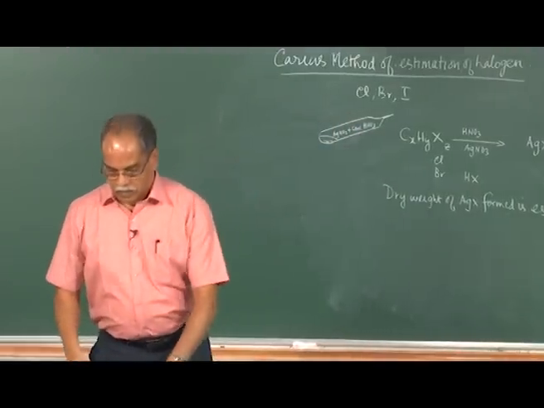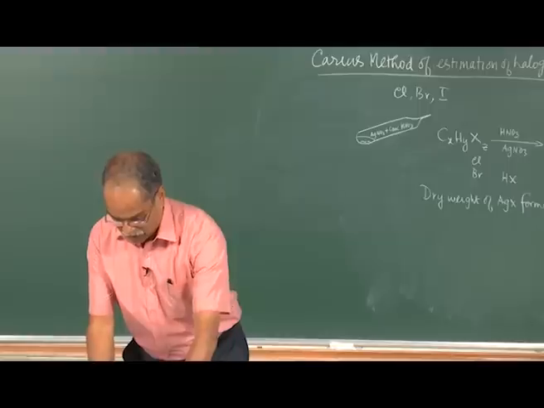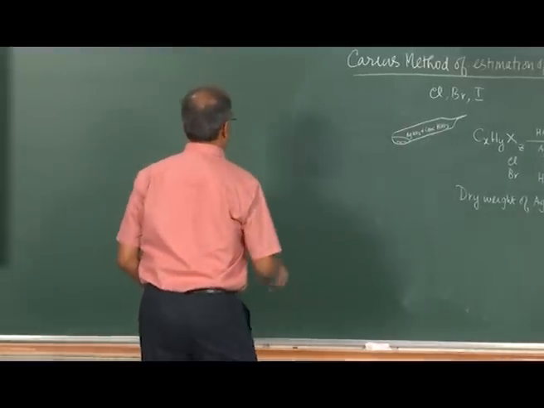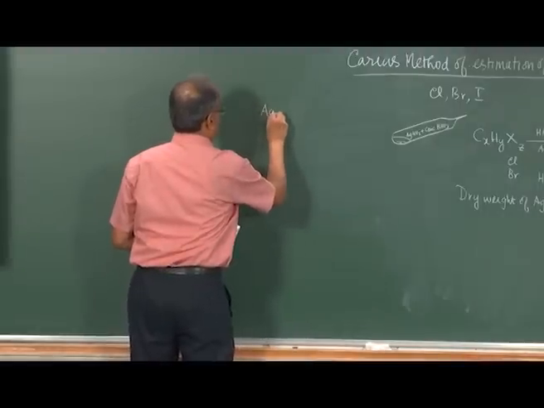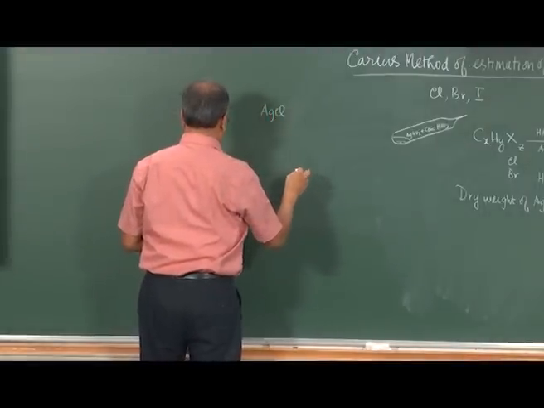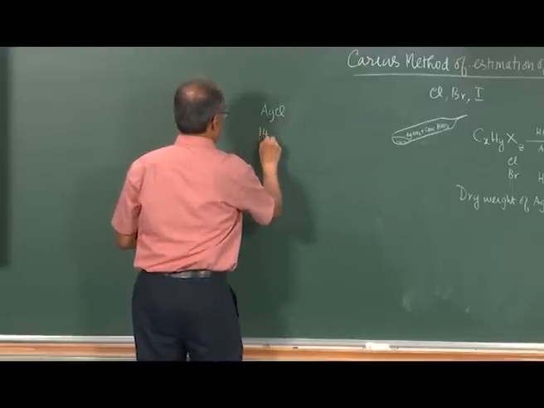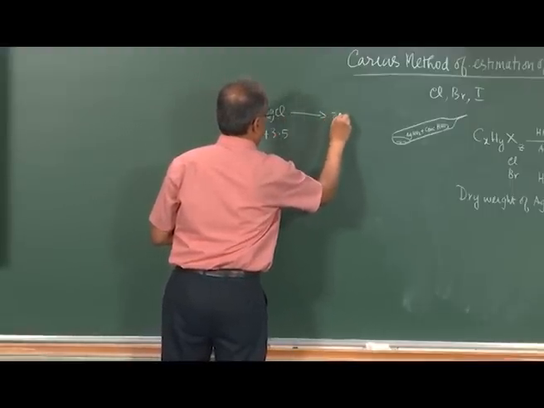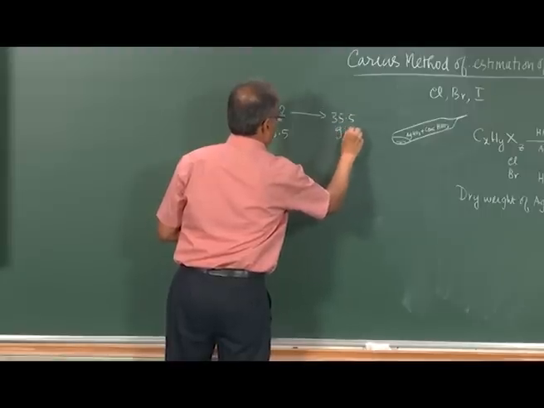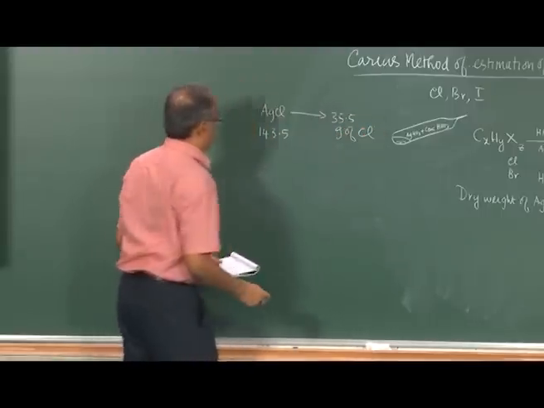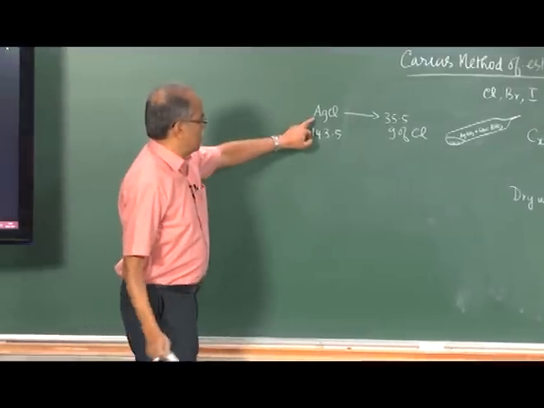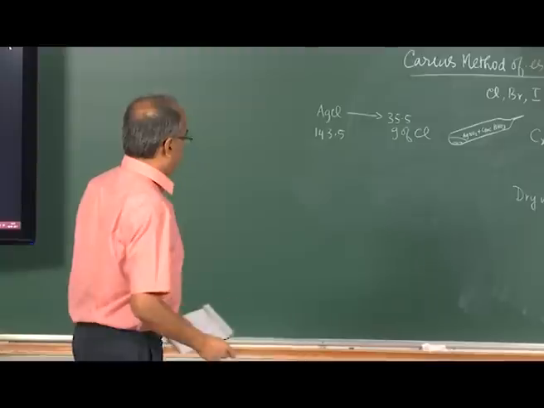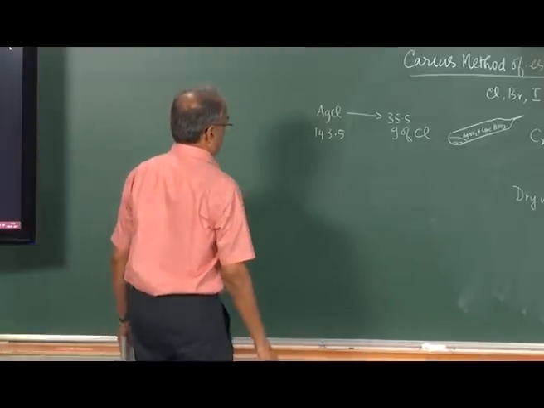Now, we know in the case of silver salts what is the amount of halogen that is present. We take silver chloride, whose molecular weight corresponds to 143.5, and this contains 35.5 grams of chlorine. In other words, 1 mole of silver chloride contains 35.5 grams of chlorine.